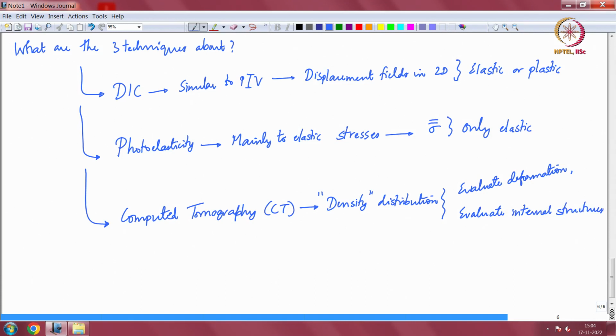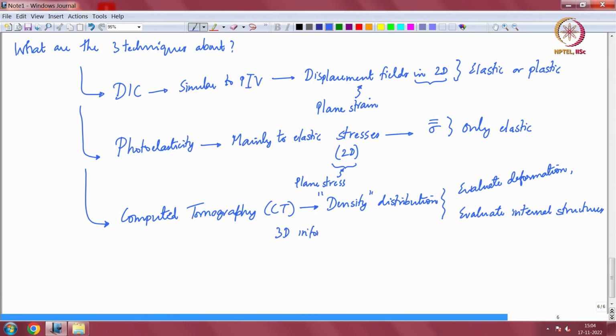Another thing I should mention in this context is that I have written the word 2D here, and I have now just added the word 2D here. Both DIC and photoelasticity are predominantly 2-dimensional techniques. So, in DIC you have what is called a plane strain problem, and in photoelasticity, prototypically, again not critical, you have a plane stress problem. Since you are directly determining the stress and the system has to be 2-dimensional presumably, this is a plane stress system and the first one is a plane strain system. For tomography it is completely 3-dimensional.